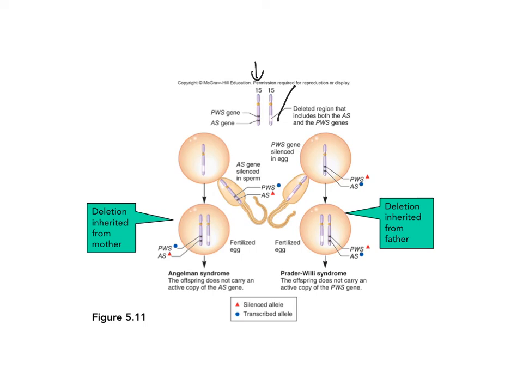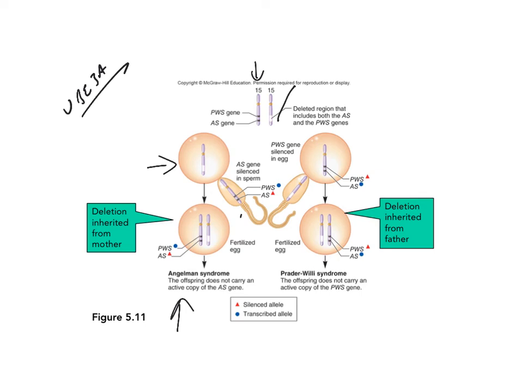Now, let's look on this side and what leads to the development of Angelman syndrome. Here we have an egg that carries chromosome 15 that has the deleted region. That gets fertilized by a sperm. In that sperm, the genomic imprinting pattern is that you're imprinting or marking the AS gene, which is UBE3A. So that one is silenced in the sperm.